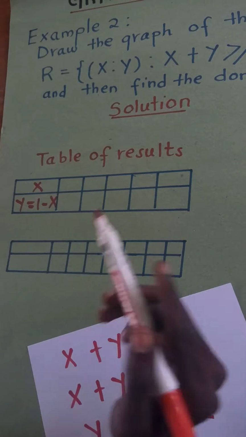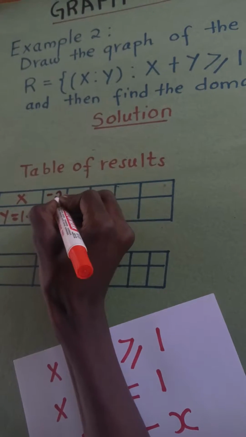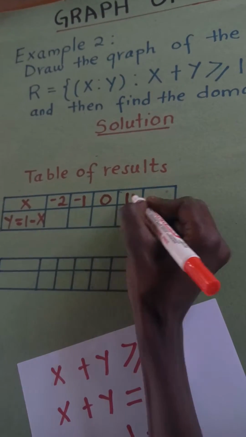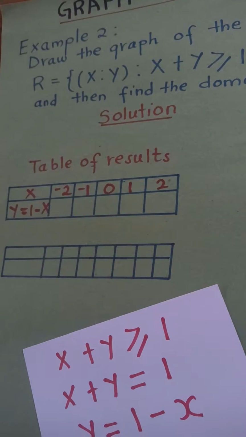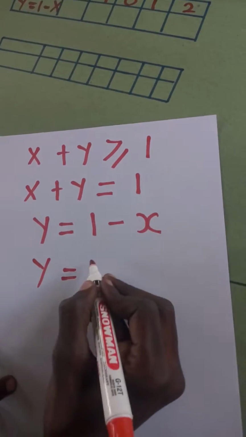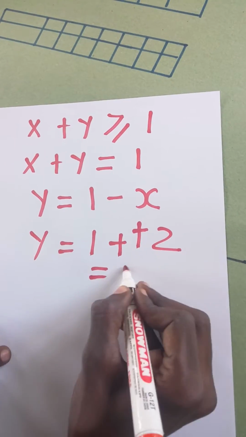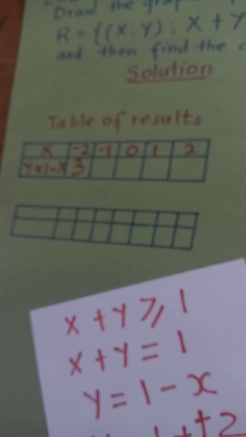For example, let us start with negative 2, negative 1, 0, 1, 2. So when x is negative 2, y is equal to 1 minus negative 2, which is 3.